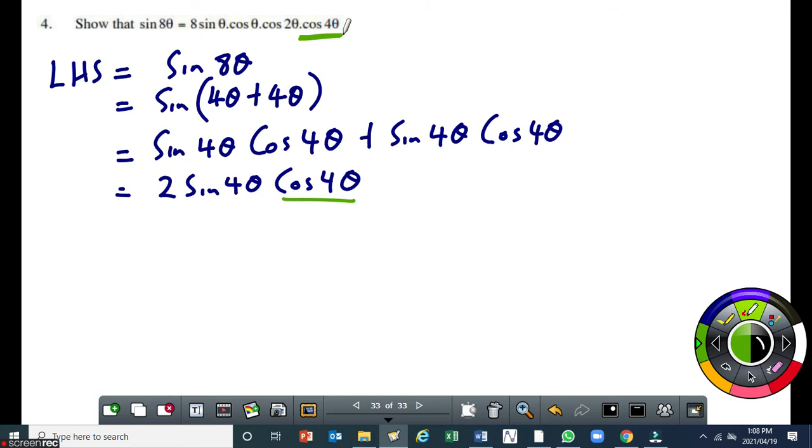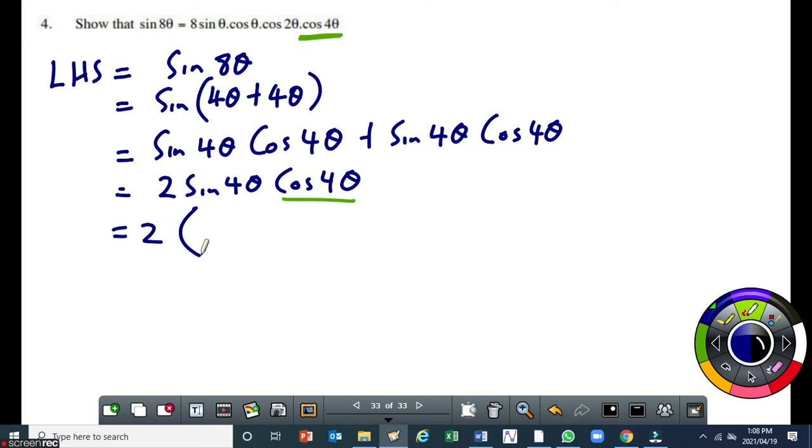So this sine 4 theta, I can write it down as this. I can write this as 2, and because there's this 2 here, I have to open a bracket. Now, sine 4 theta, what is half of 4 theta? It's 2 theta.